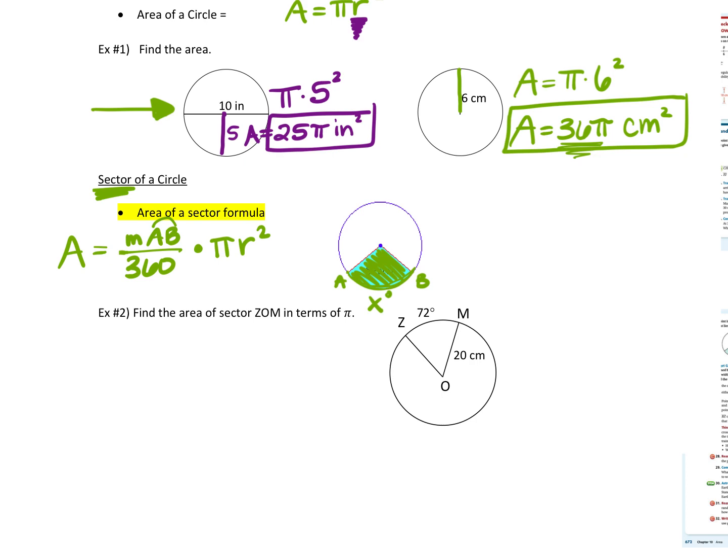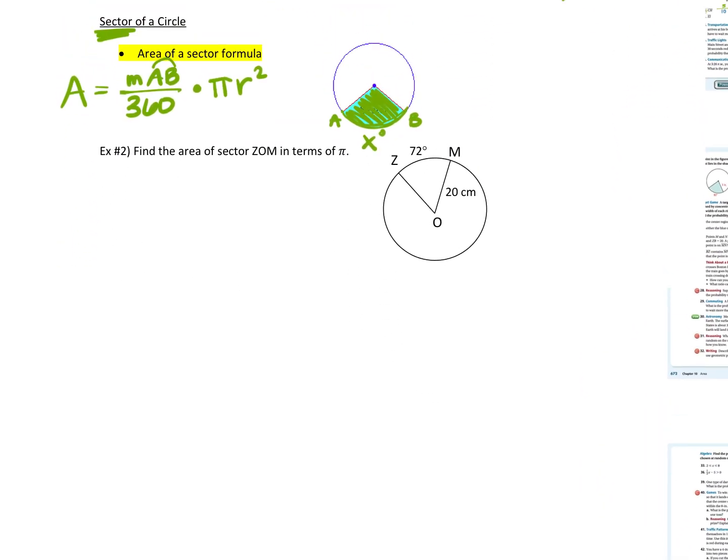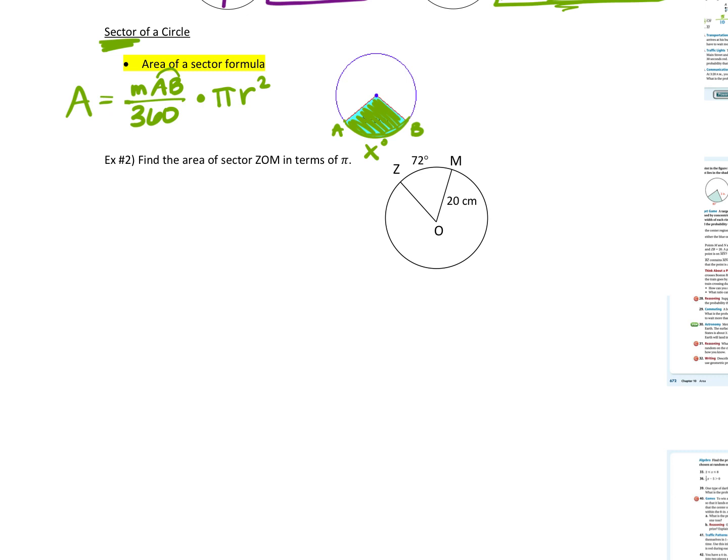So take a look at this one, and then I might draw you one more to make sure you've got it. If I want to find the area of the sector, using this formula, what is the measure of arc AB in this case? So we're finding the area of this.